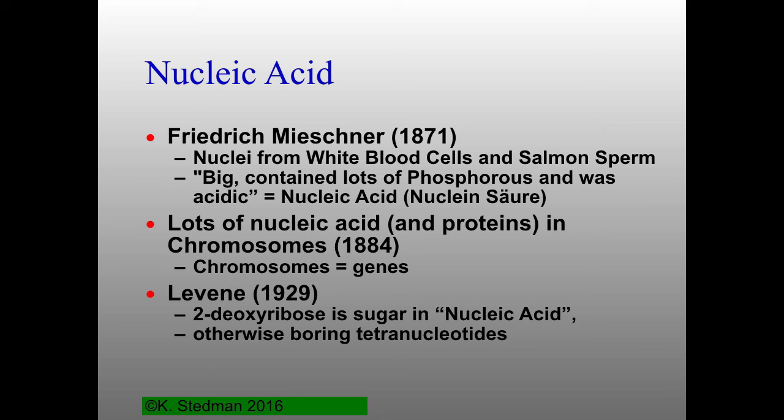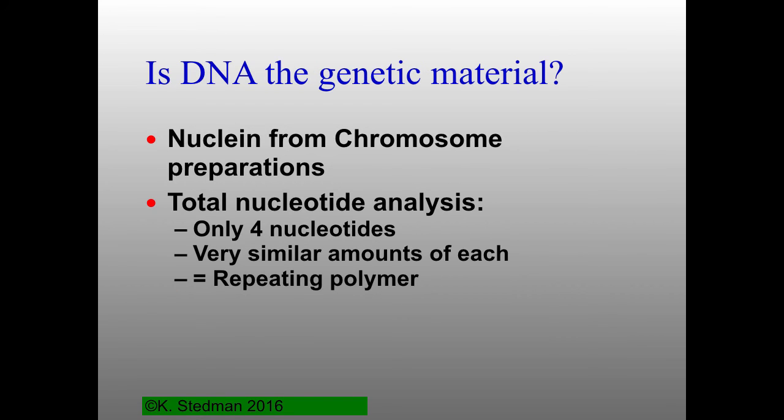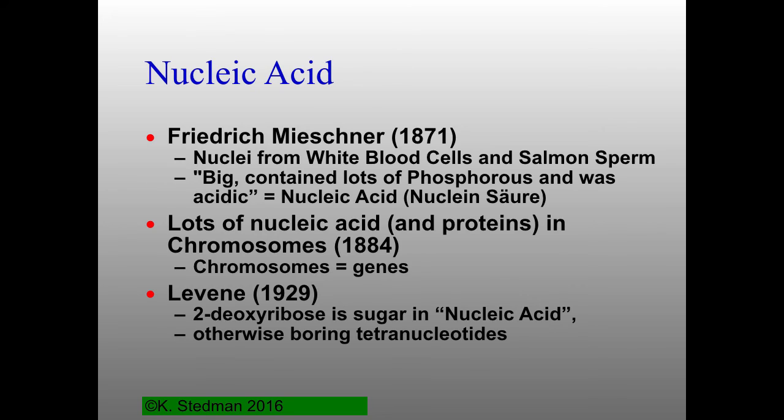He was the person who showed that it was 2'-deoxyribose, which was the sugar in DNA, and was a really, really smart biochemist. And in fact, probably part of the reason that he thought, and everyone else at the time thought, that there's no way that the nucleotides could actually be the genetic material, is it turns out in everyone's favorite sources of nucleic acid, salmon sperm and white blood cells, there are about the same amounts of A's, T's, G's, and C's.